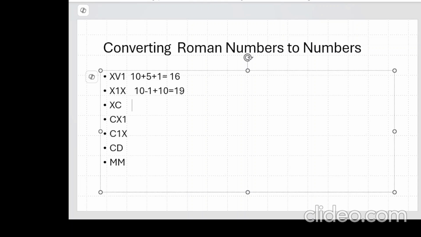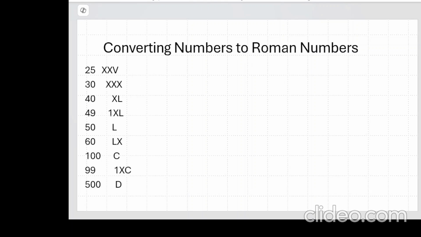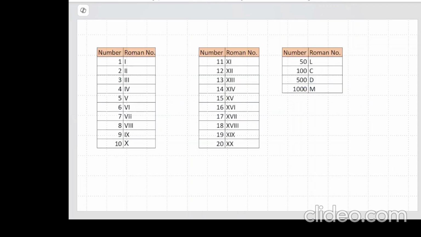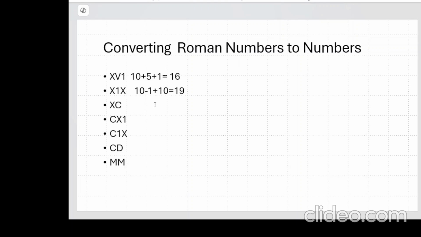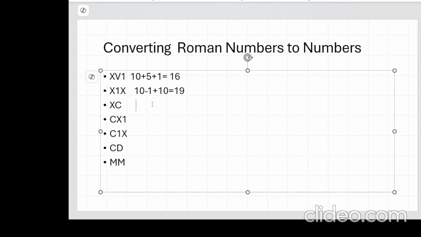So we know XC. How do we do, kids? From the table we know C stands for 100. So 100 minus 10 is equal to 90.